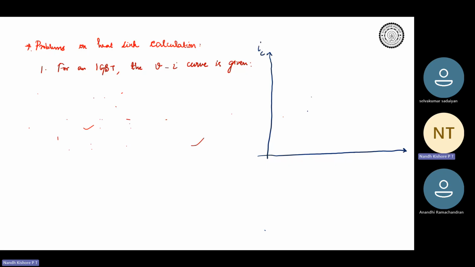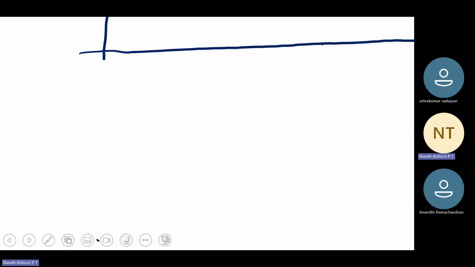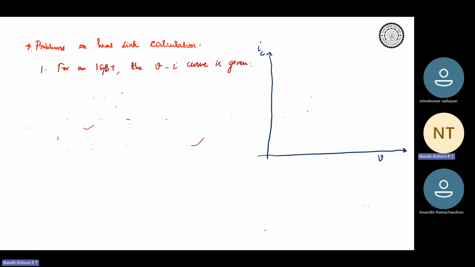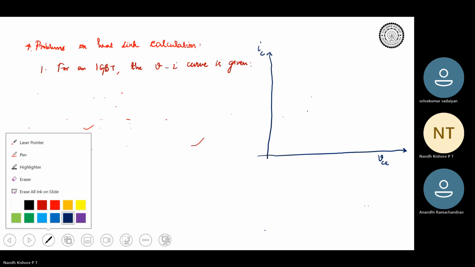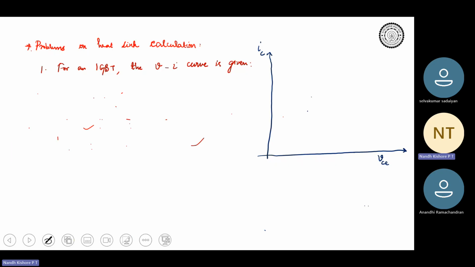This is going to be IC, which is the collector current, and this would be VCE. Multiple curves are given over here.